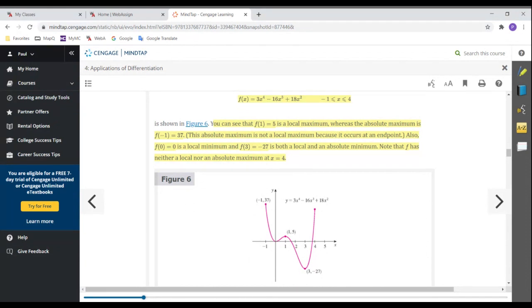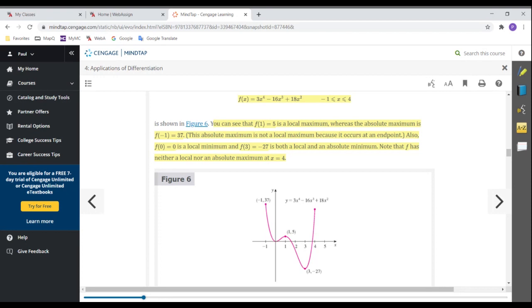It occurs at an endpoint. f of 0 equals 0 is a local minimum, and f of 3 equals -27 is both a local and an absolute minimum. f of 3 equals -27 is an absolute minimum for sure.